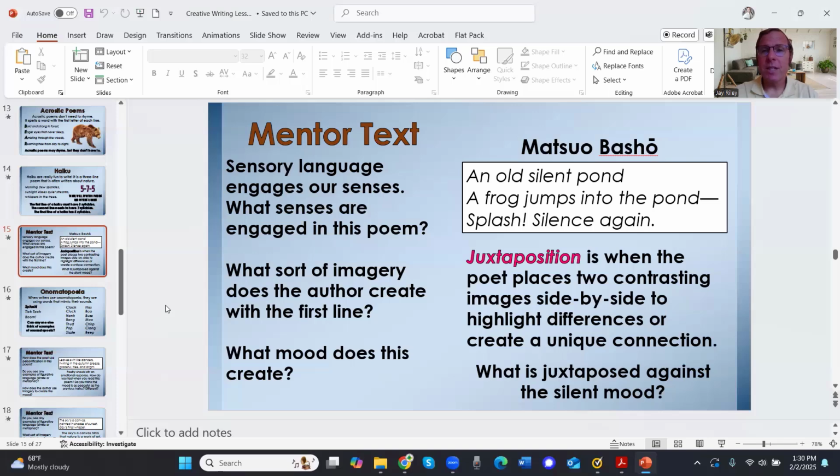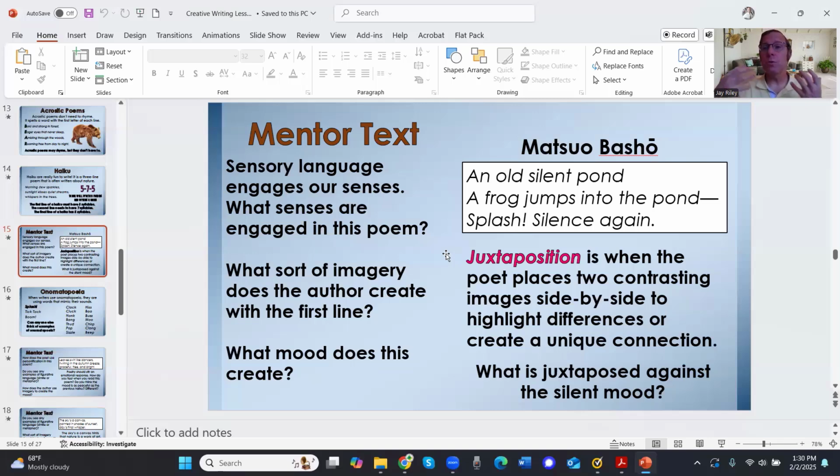But the thing that's interesting about this poem is this sudden splash is set against a very silent scene in nature. So you've got this silence, then you've got a great splash, then you've got silence again. And that's what's called juxtaposition.